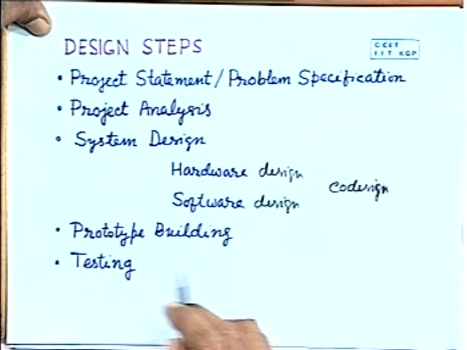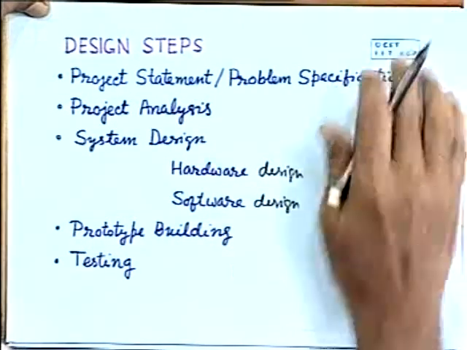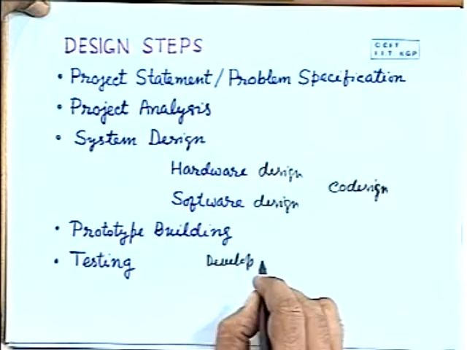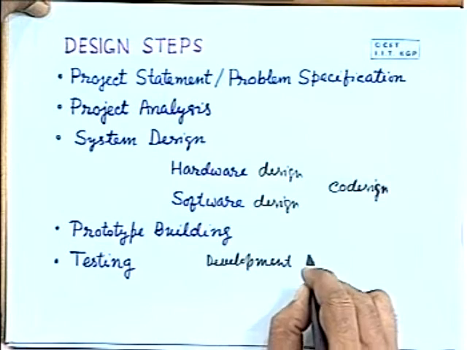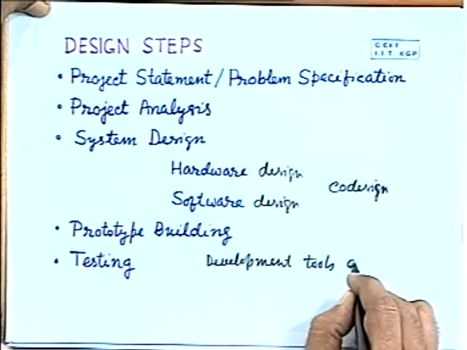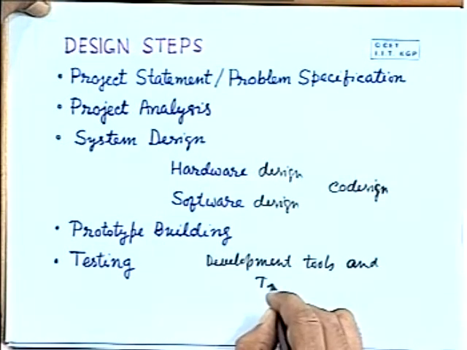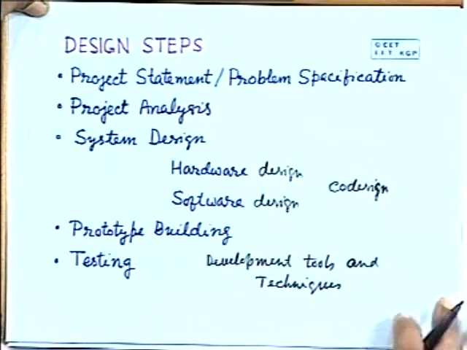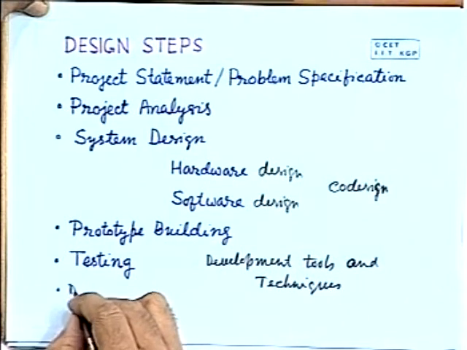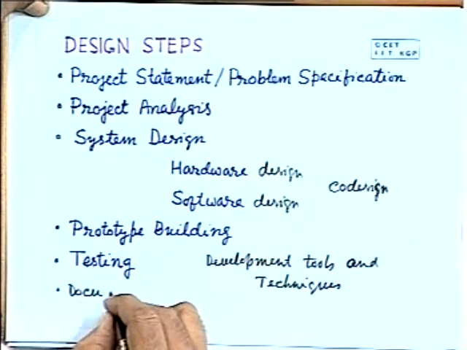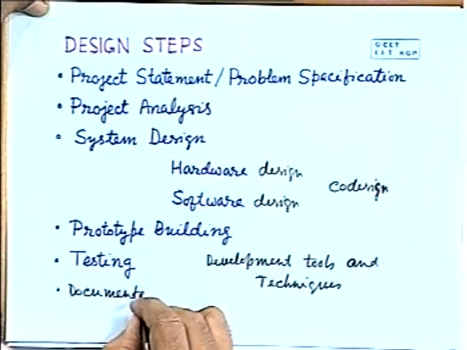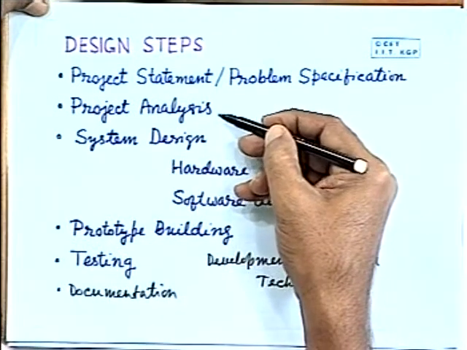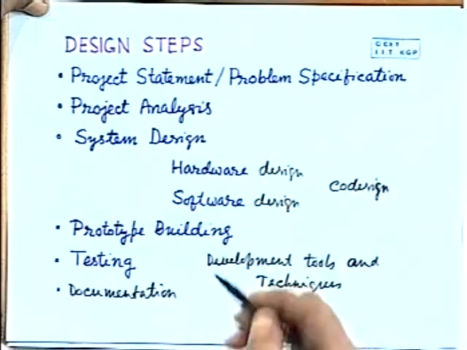The testing has to be done with the help of some development tools and techniques. And also you have to give attention to documentation, as I mentioned earlier, and documentation obviously has to be done starting from the project analysis phase up to testing.